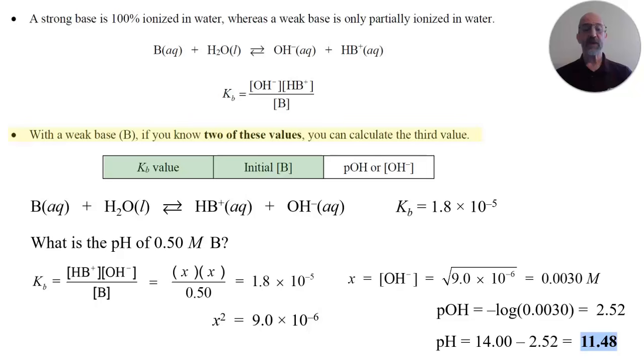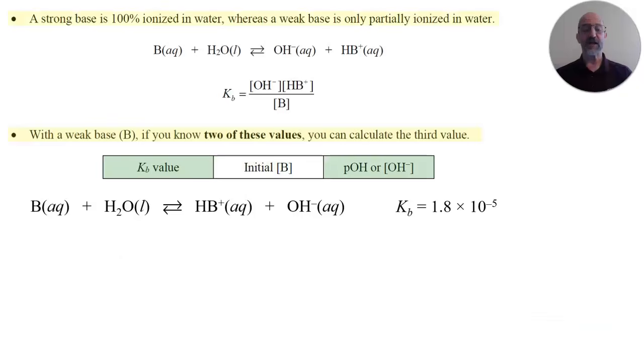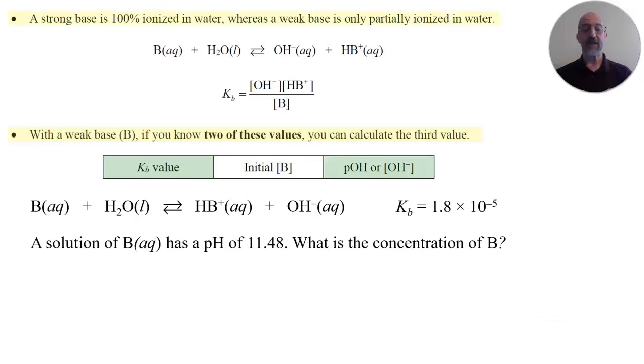Now, suppose you were given the Kb and the pH, and you had to solve for the initial concentration of the weak base. So it might look something like this. A solution of a weak base has a pH of 11.48. What is the concentration of that weak base? So the first thing I will do is remember that pH and pOH are not the same thing.